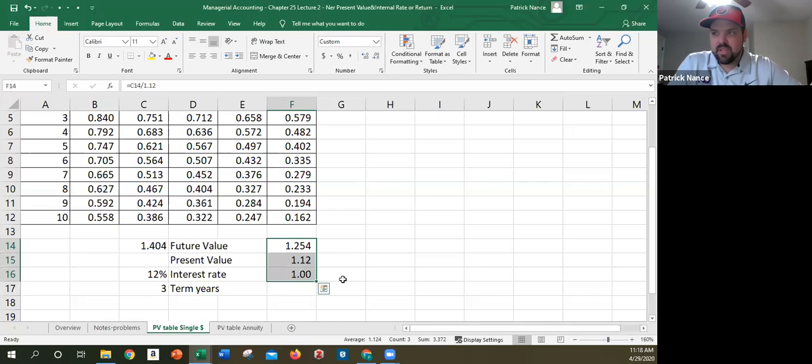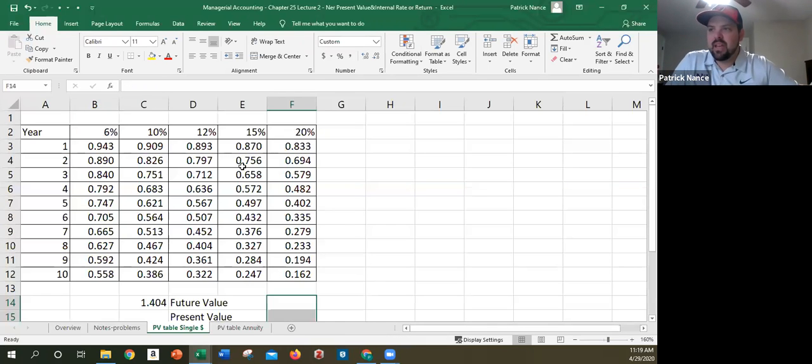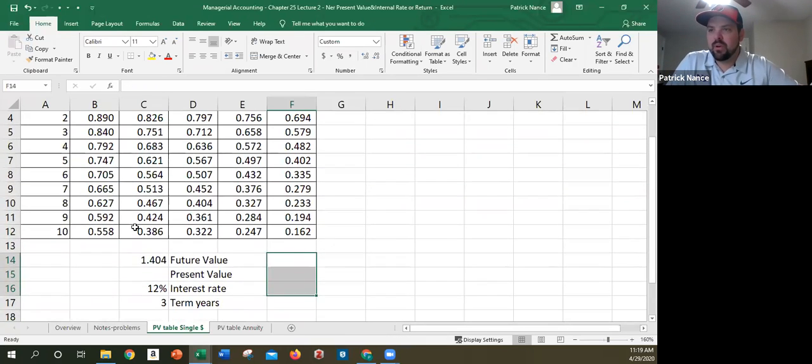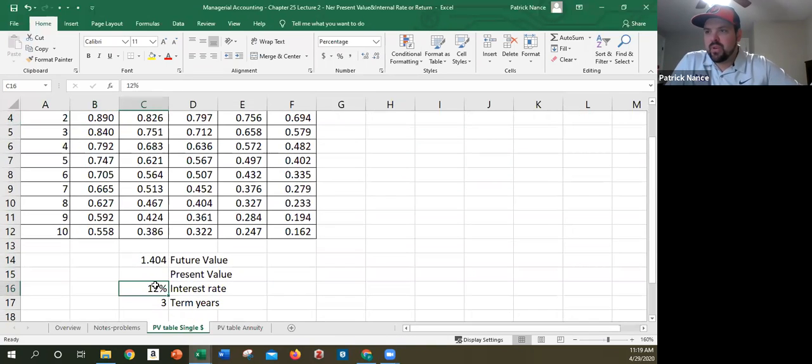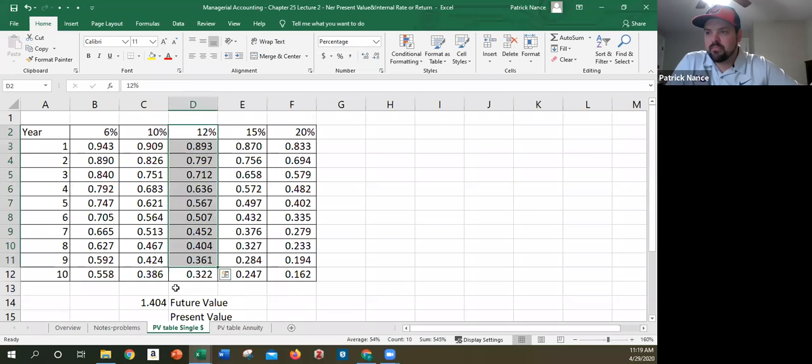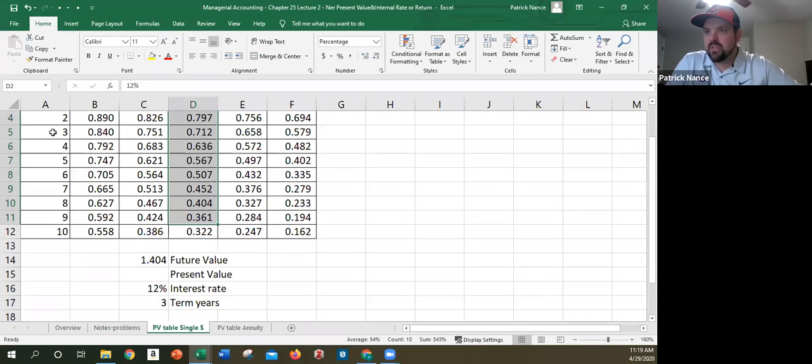That's one method, and that's the easiest way to see it. But you can also use these tables. That's what these tables are built for. This over here is the number of years or periods, and this is the discount rate or interest rate. In this case, the interest rate is 12%, so I'm going to use this column. The term is 3 years, so here's my 3 years, so 0.712.